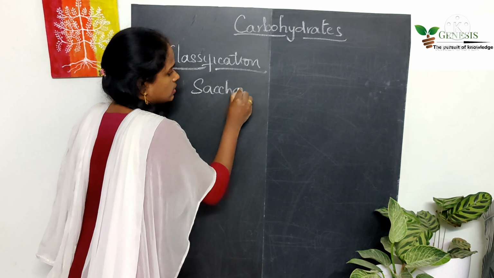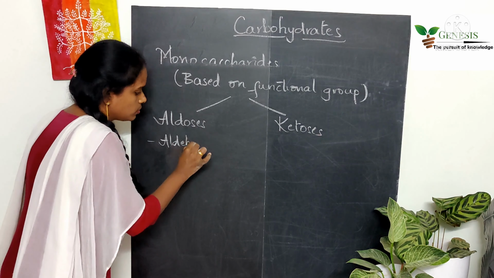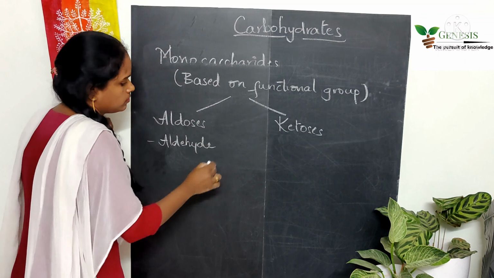Even the monosaccharides, based on the functional group they possess, can be differentiated into aldoses and ketoses. Here aldoses contain aldehyde as the functional group, and ketoses possess ketone as the functional group.